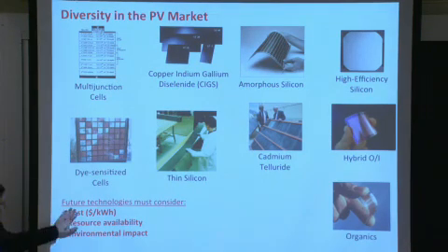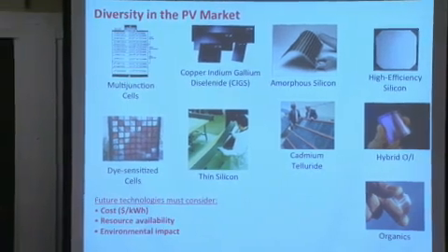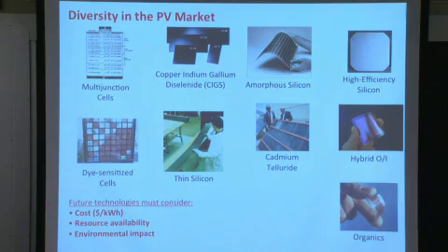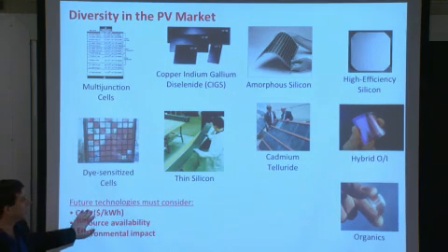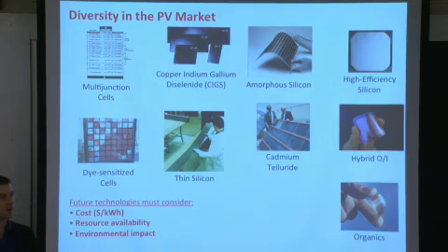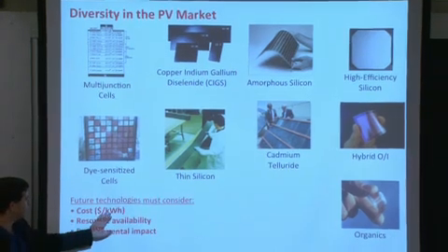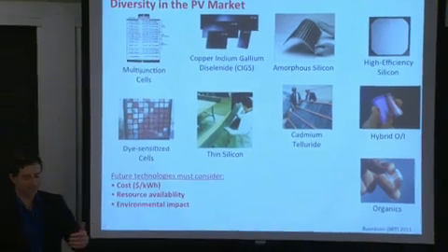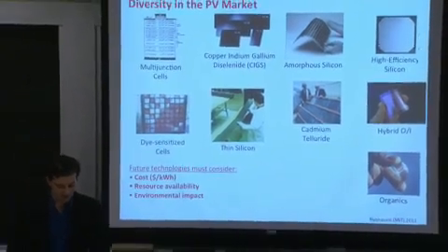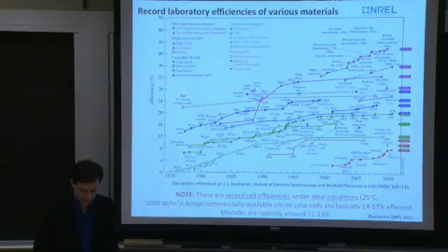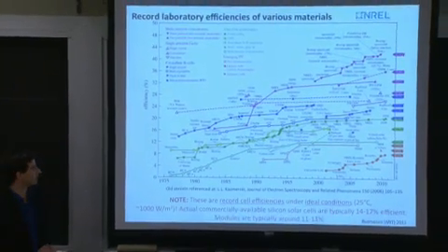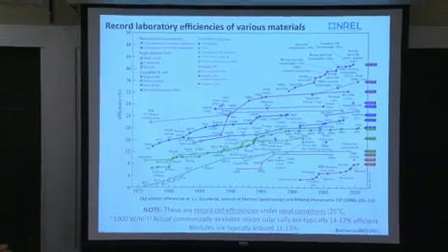And all of these technologies have to consider cost, resource availability, and eventually environmental impact as well. So these are some of the things that I'd like you to keep on the forefront of your mind as we talk about these different technologies. Think about the broader picture, and ultimately this cost, the amount of money per unit energy produced, is really paramount in determining marketability, in determining the scale to which they'll penetrate the market.